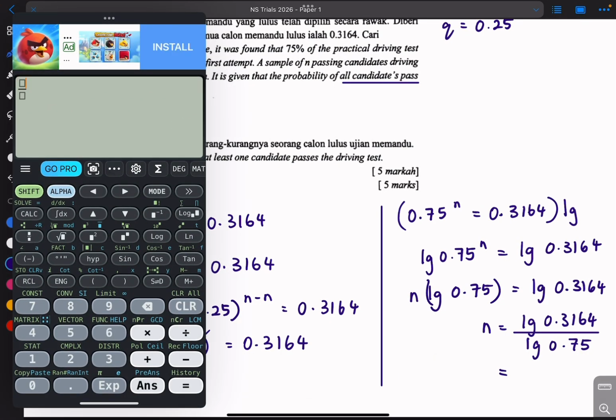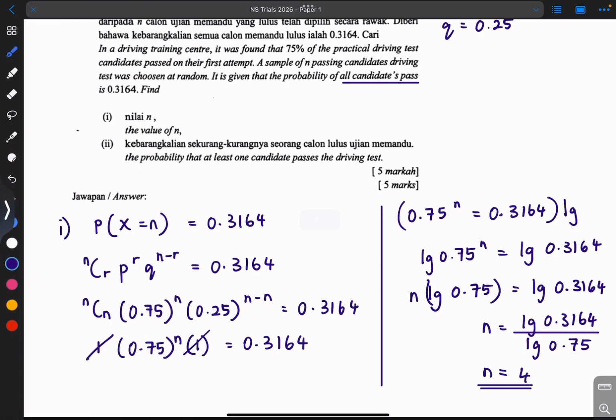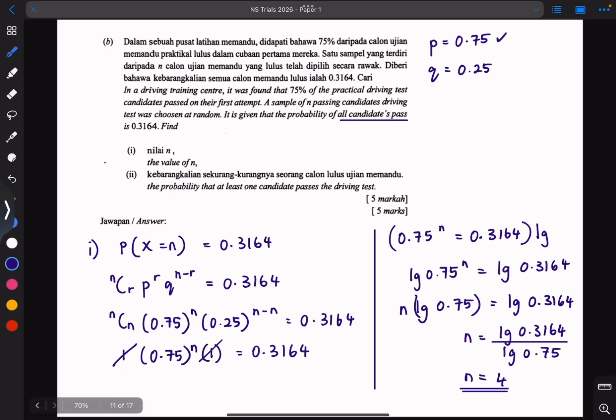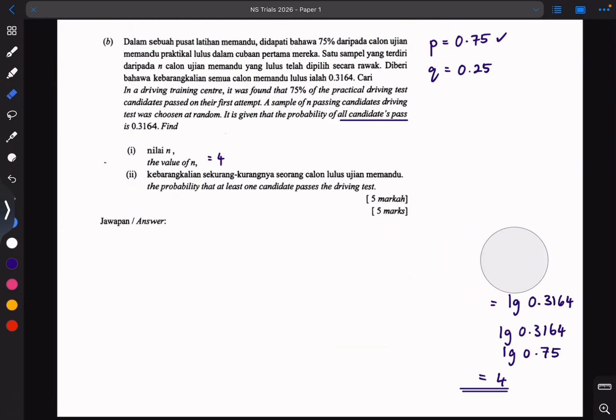In your calculator, you just do log 0.3164 divided by log 0.75. Here we get 4. So n is 4. It means total there were 4 candidates chosen. Out of 4 candidates chosen, all 4 passed, and that probability is 0.3164. Now let's try to do number 2.